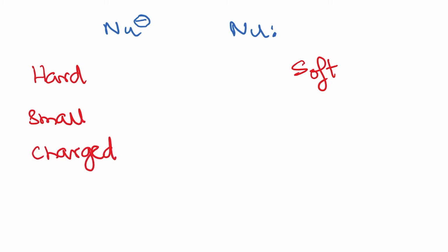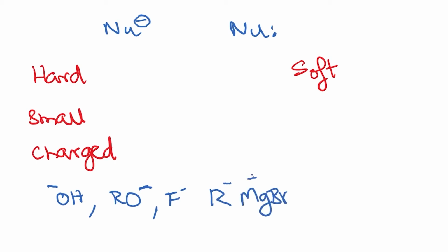Examples of hard nucleophiles are hydroxide ion, alkoxide ion, fluoride, and Grignard reagents, R minus MgBr plus. You have alkyl lithiums, RLi, and so on. These have a small and highly localized charge, and these are called hard nucleophiles. They also usually have a highly electronegative atom.